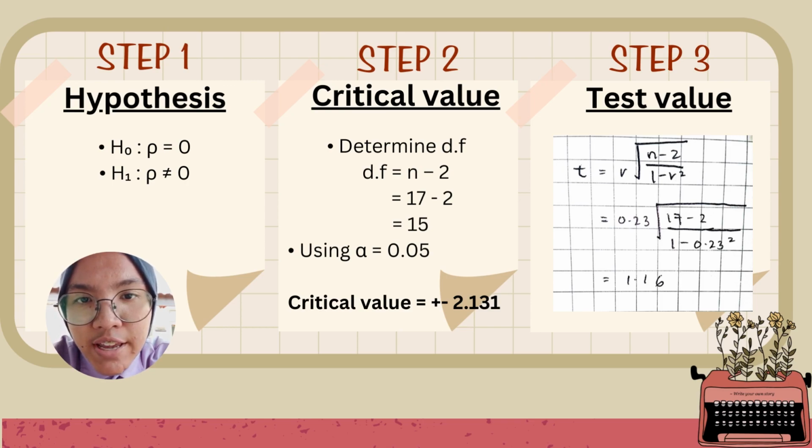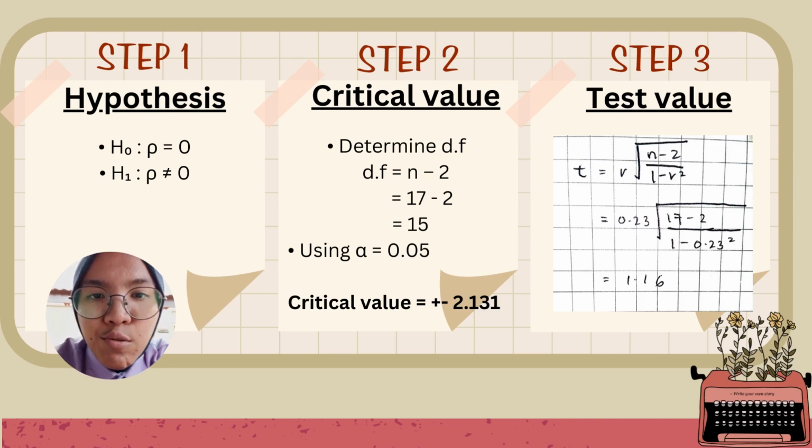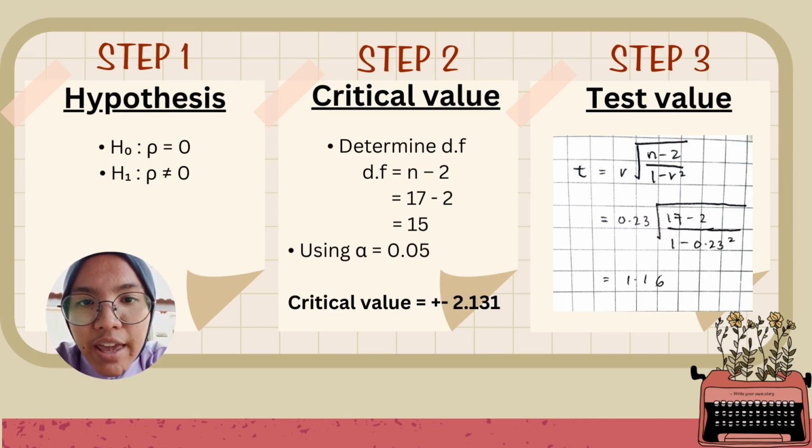So the finding is that we have 5 steps. Step 1 is the hypothesis. H0: rho equals 0. H1: rho not equal to 0. Step 2, critical value. Determine the degrees of freedom: 17 minus 2 is 15, and alpha is 0.05.